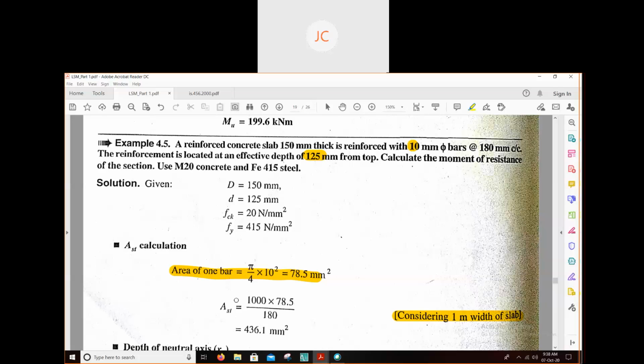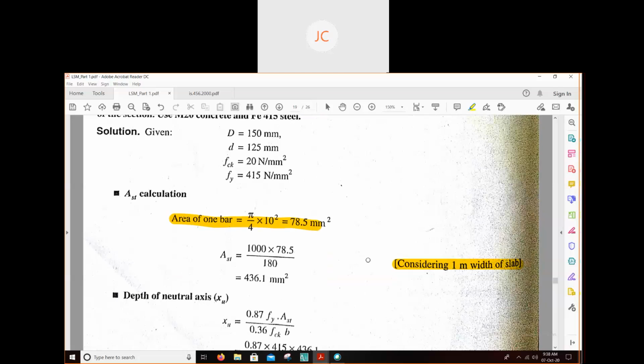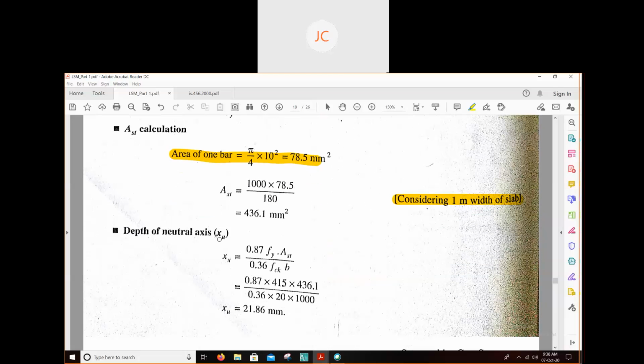We have to find out the depth of neutral axis, XU. Then we have to find the value of XU max. Then we compare the values, and then we can calculate the moment of resistance. After getting the area of steel, we calculate the depth of neutral axis by this formula from IS 456, Annex G 1.1.